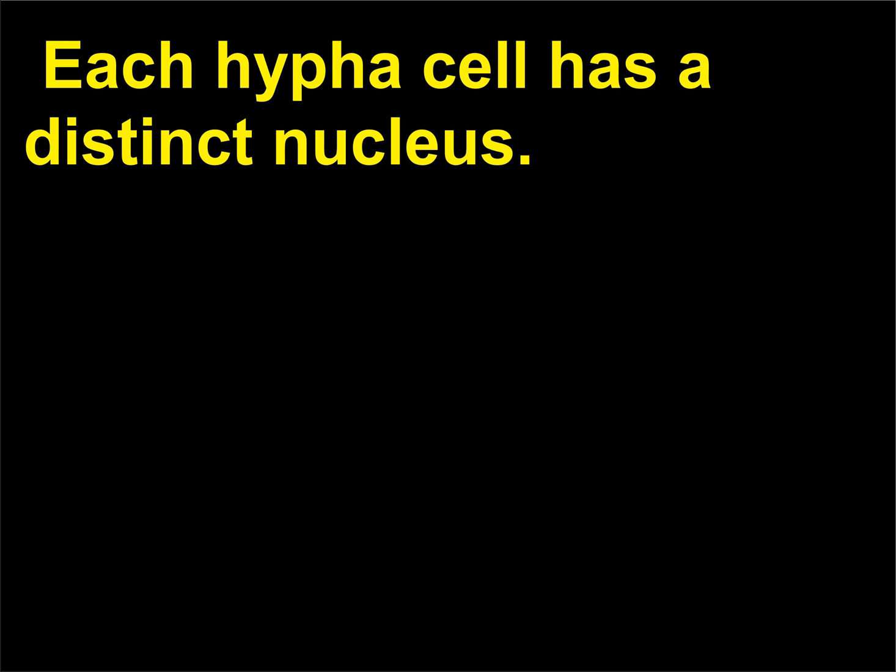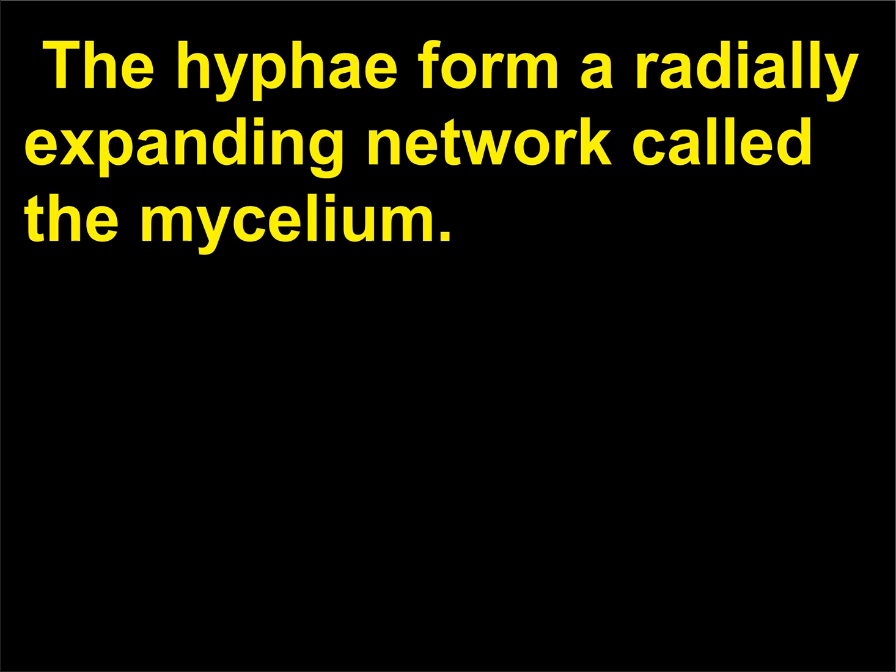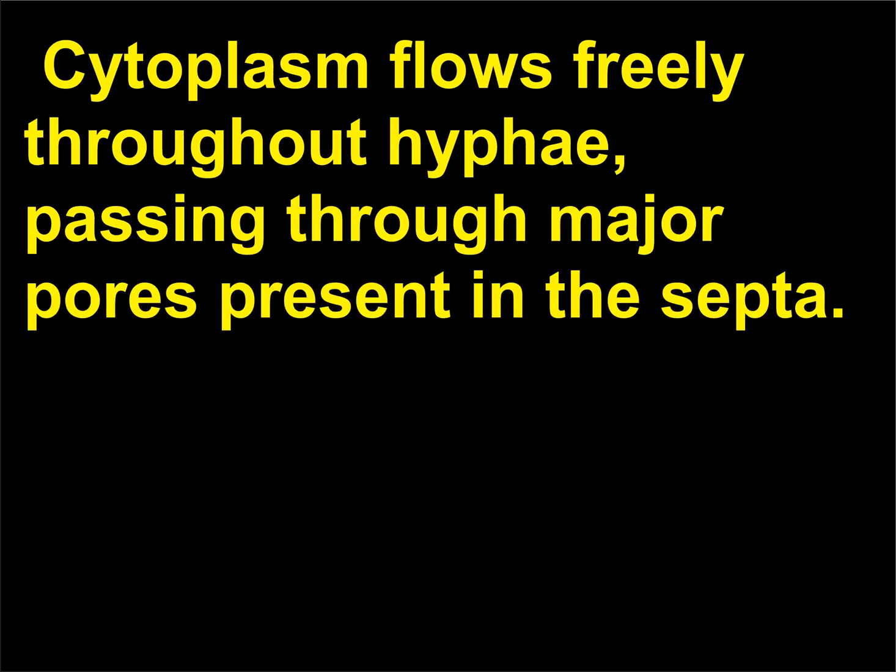Each hypha cell has a distinct nucleus. Individual cells may be separated by walls called septa. The hyphae form a radially expanding network called the mycelium. Cytoplasm flows freely throughout hyphae, passing through major pores present in the septa.